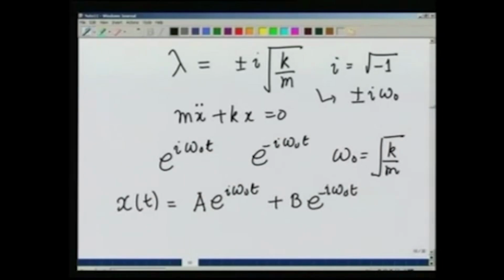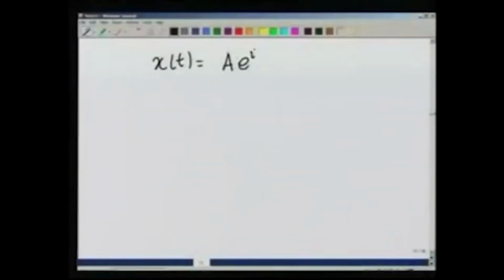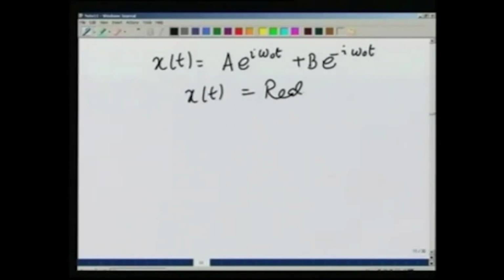Since I know that the displacement x(t) is real, therefore b must be equal to a star.